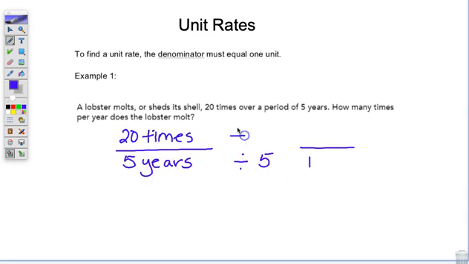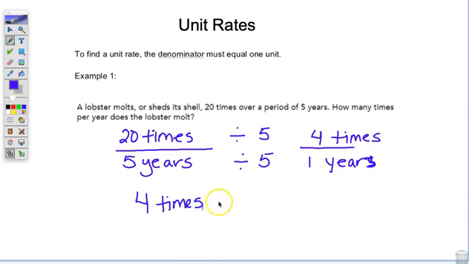So we're going to do the same exact thing to our numerator, much like we did with equivalent ratios. 20 divided by 5 is 4. So the lobster in 1 year actually molts 4 times. So let's write that down here, 4 times per year.